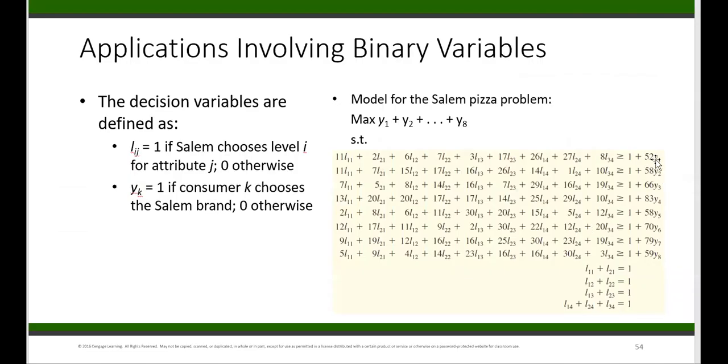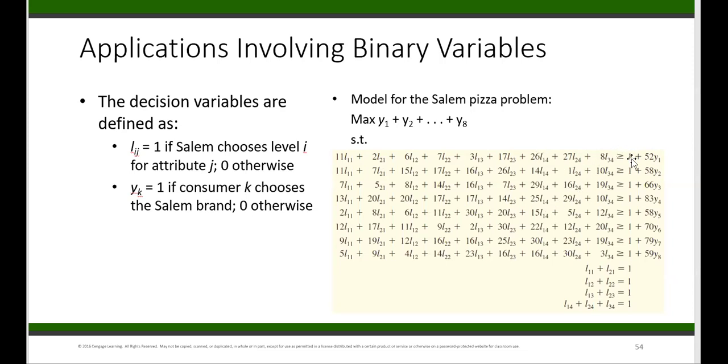So 52 times Y1. Now, in order for this person to be attracted to us, the left-hand side should be strictly greater than 52 times Y1. But because we have to have equality in our sign, we can't have a strictly greater than sign. In our solver, we have to go with greater than or equal to.